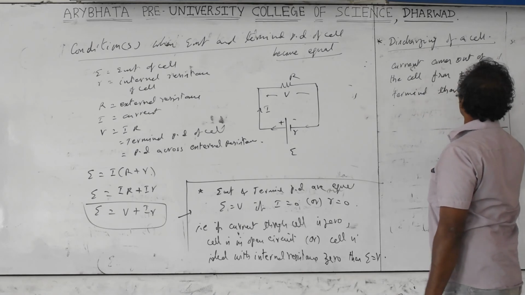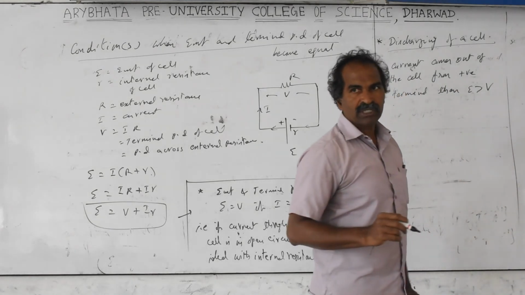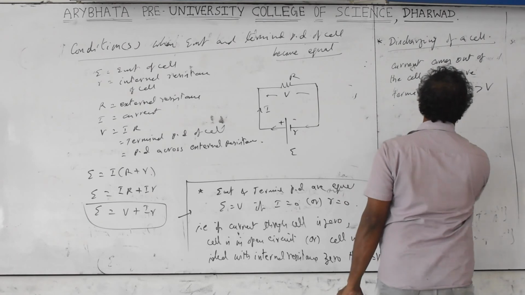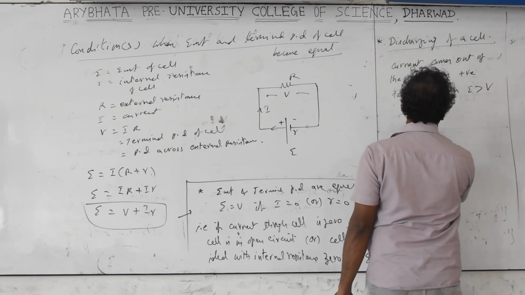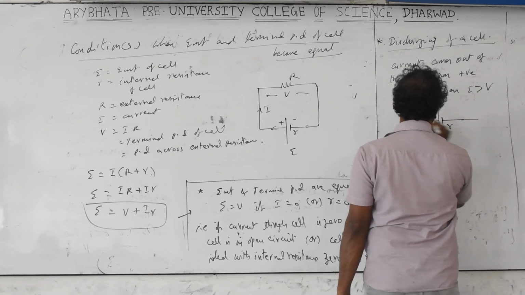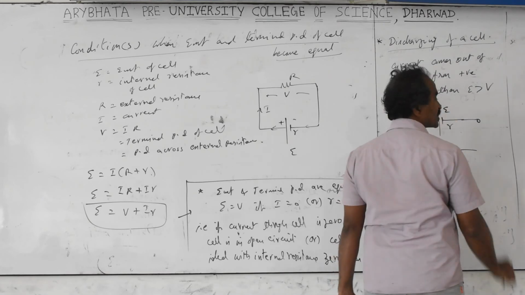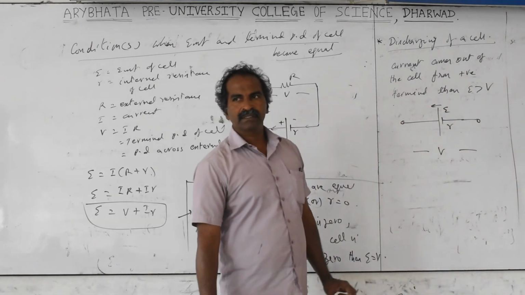Then EMF is greater than V. Electromotive force is greater than terminal potential difference. Internal resistance is small r. The potential difference across the terminals is V. This is the EMF, and EMF direction is from minus to plus.